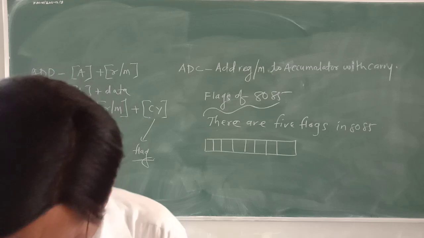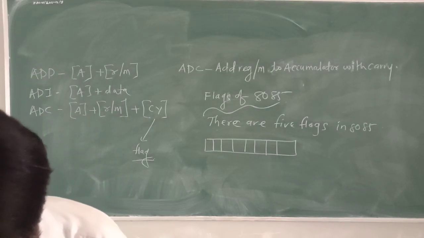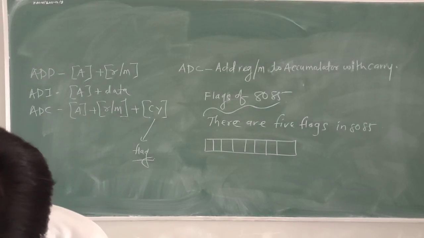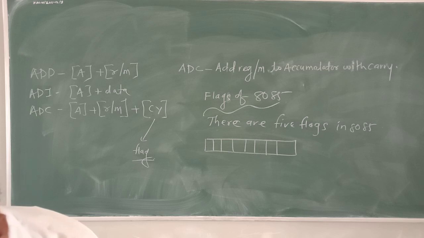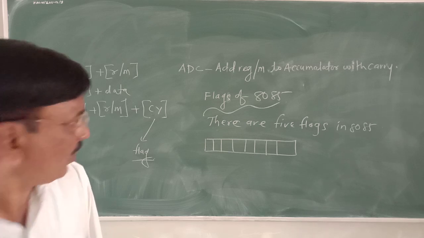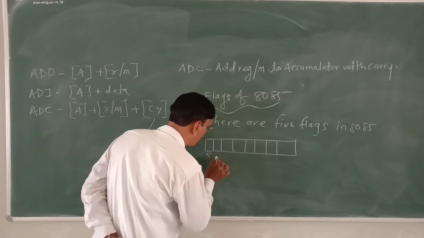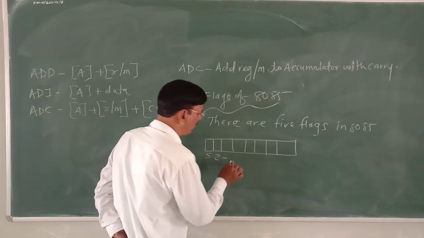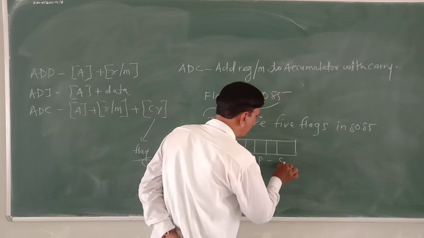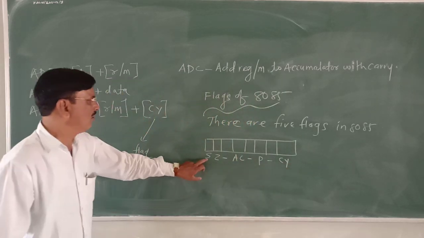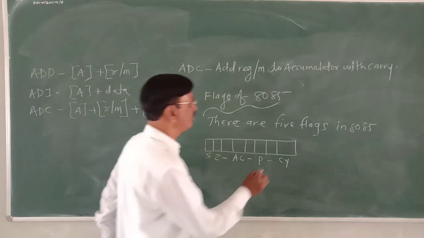This is the diagram of flags, and the flags are as follows: S, Z, AC, P, CY. First, S, the sign flag.